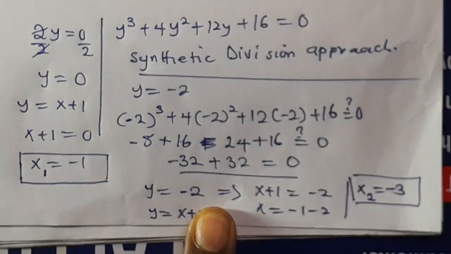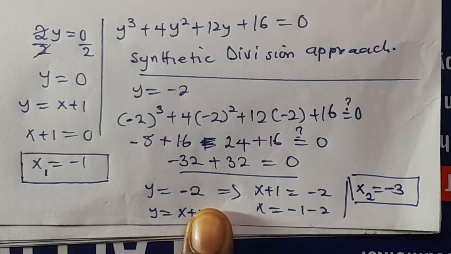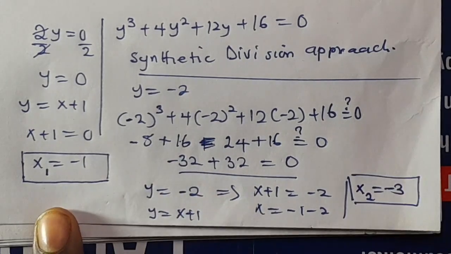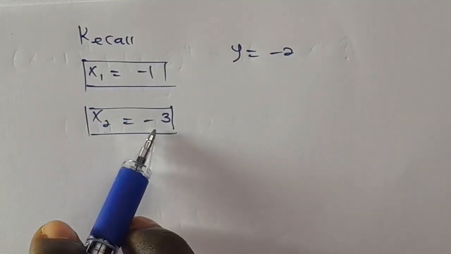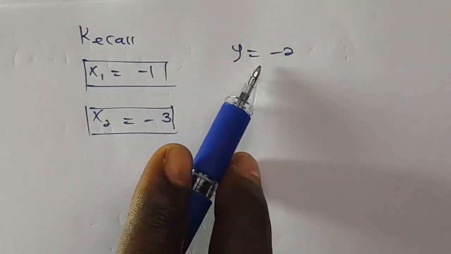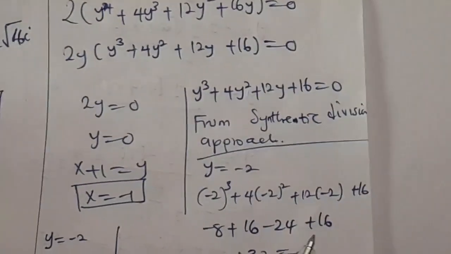So we got the second root for the problem. Now let's see how to get the other roots. So now we have our x1 to be -1, x2 to be equals -3 from this y equals -2. Now let us recall from here.